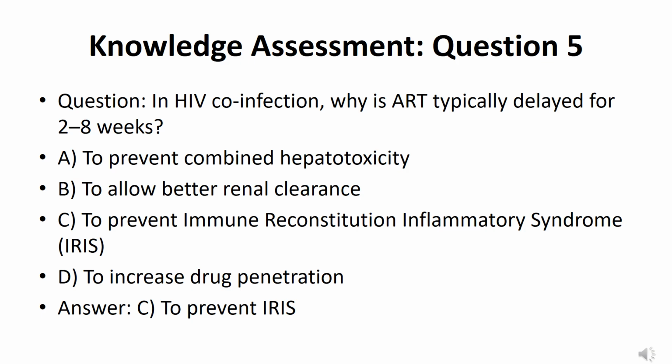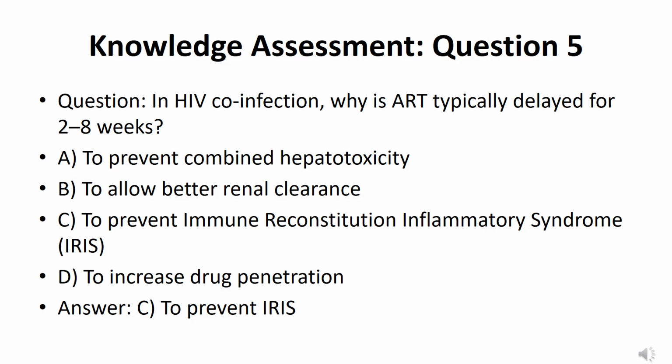To understand this concept, let's first look at what happens in HIV infection. HIV weakens the immune system by reducing the number and function of important immune cells. As a result, the body becomes less effective at fighting infections such as tuberculosis. When antiretroviral therapy is started, the immune system begins to recover.